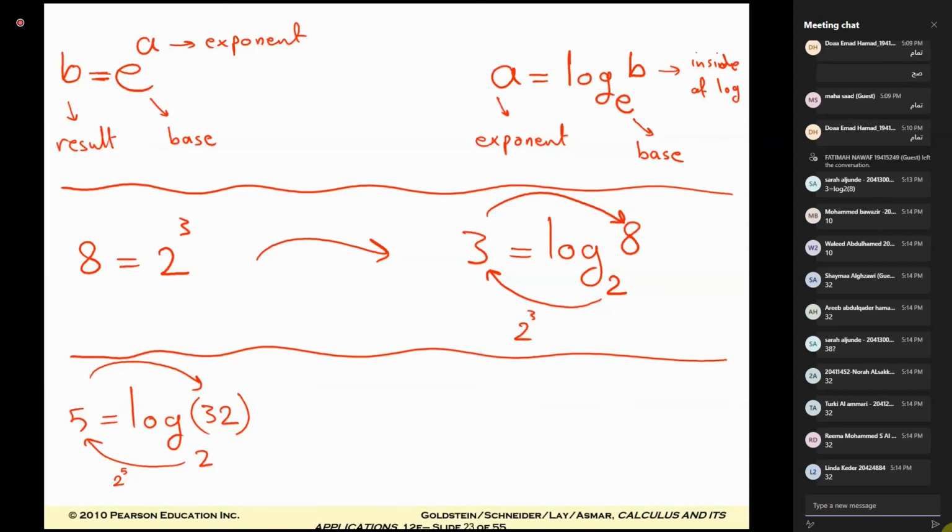Okay. Now, if we have a logarithm, for example, 81, and we have base 3.